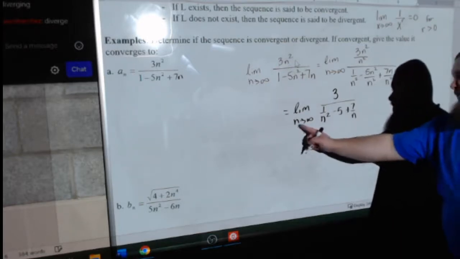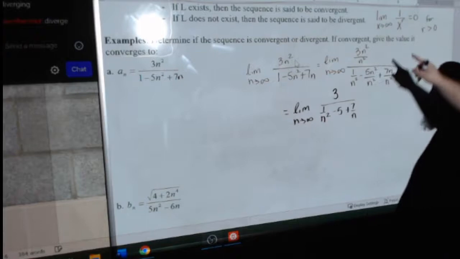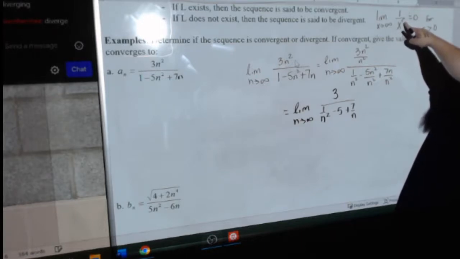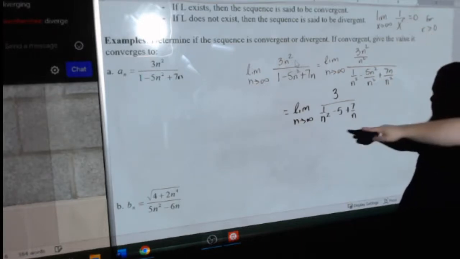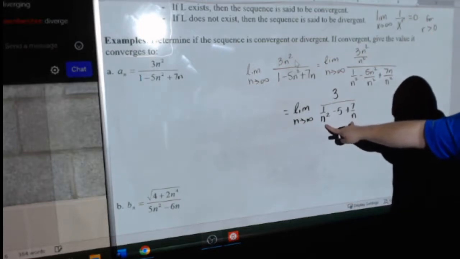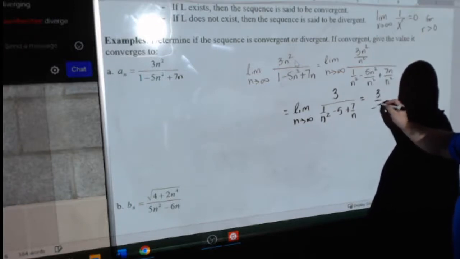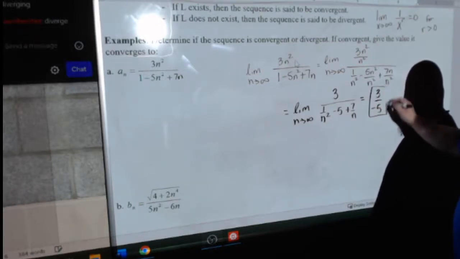So now if I evaluate the limits, anything that's got n in the denominator as n goes to infinity, as long as n is to a positive power, will go to 0. So these two terms go to 0. And I'm left with minus 3/5.